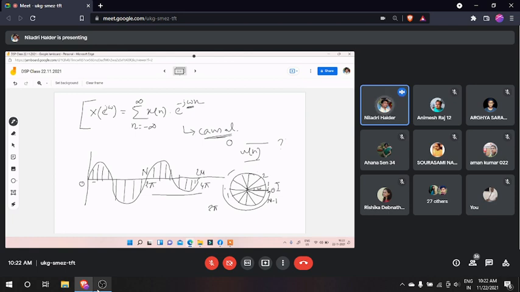If you have N samples, you have a 2π range, so each sample range will be 2π by N. Yes, sir. So 0 to 1, that distance will be 2π/N. So for a single step of ω, you can write 2π/N.